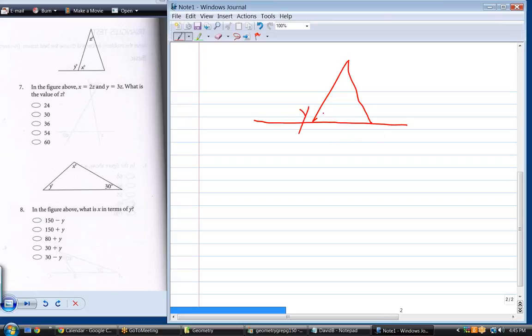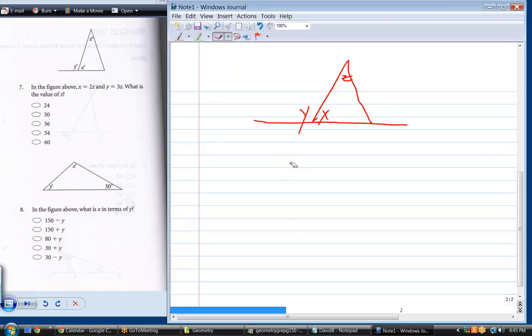So here's y, here's x, and there's z. All right. So now they tell us that x is 2z and y is 3z. What's the value of z? So what's the first thing I should do?